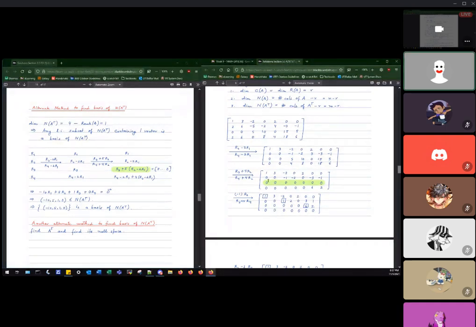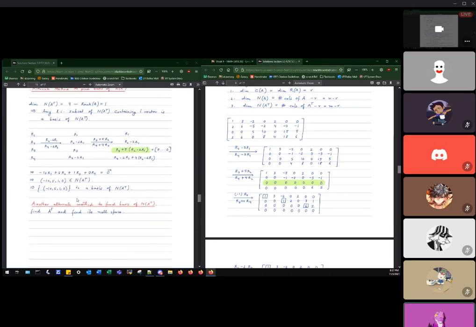That's as far as you want to go, because you don't care what these other rows are. So negative 10R1, 5R2, 1R3, 0R4. Weird. And then that becomes a basis. These coefficients become your basis. That's interesting. That's a good thing to know. That can save a lot of time.